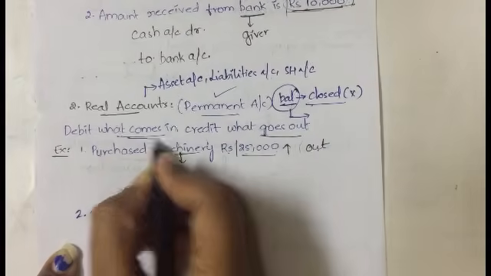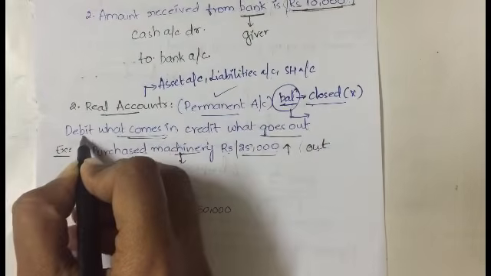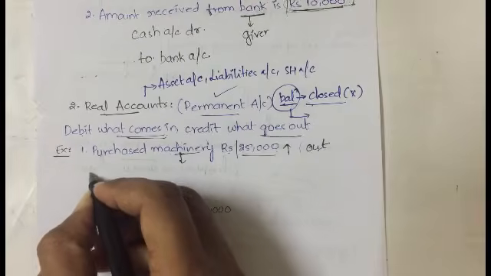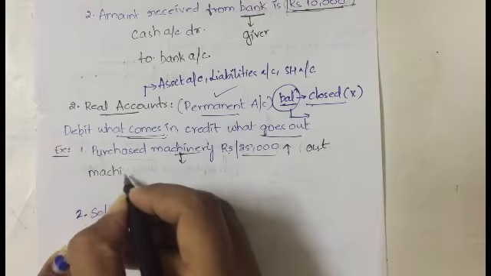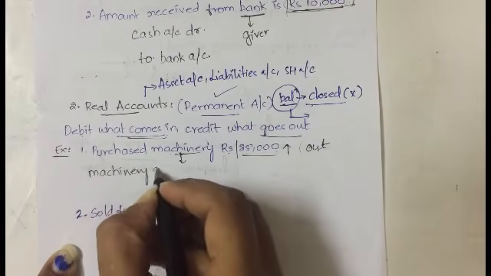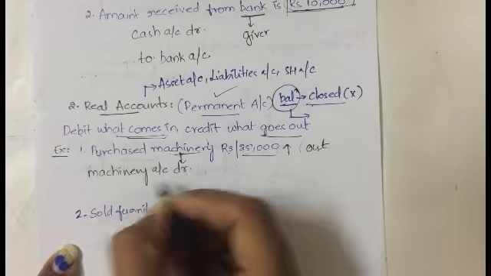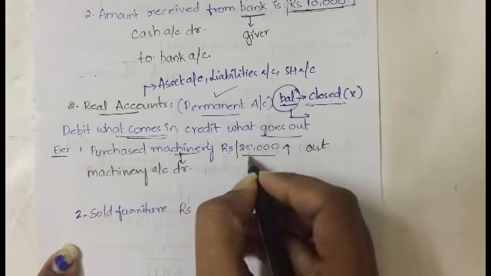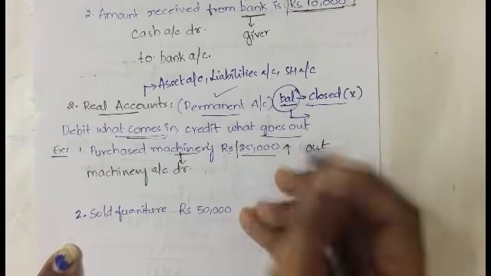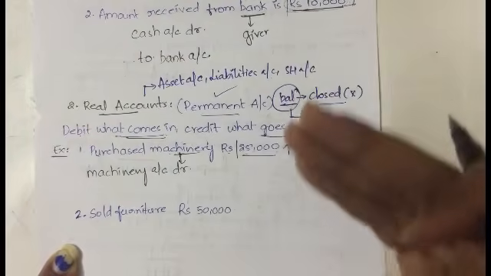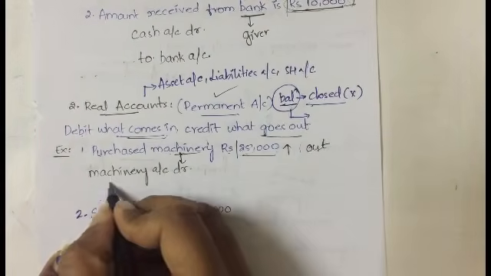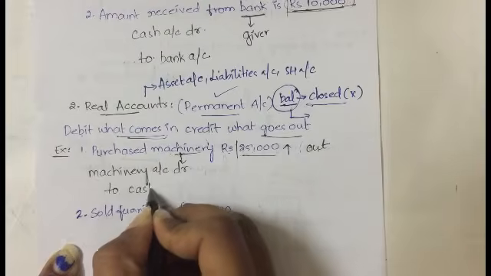So whatever is coming in has to be debited, right? So first you have to write machinery account debtor, and what is being credited, what is going out, has to be credited, right, to cash account.